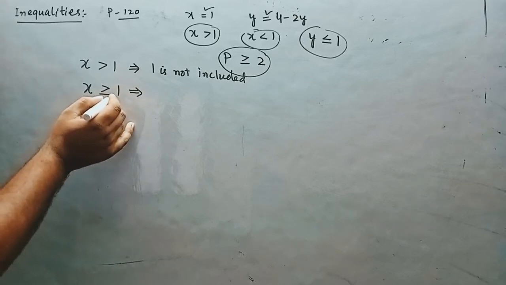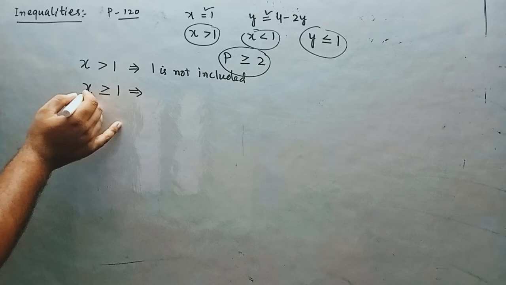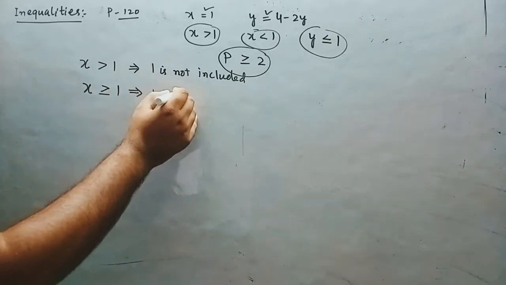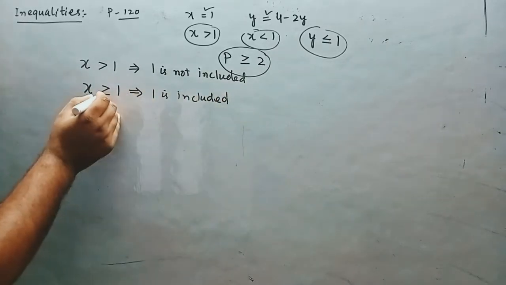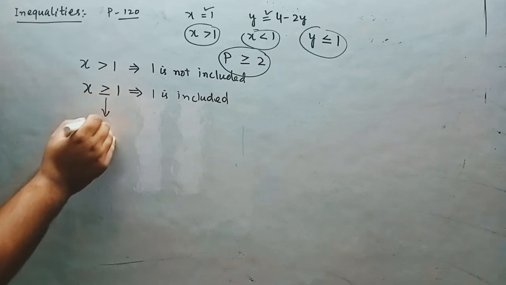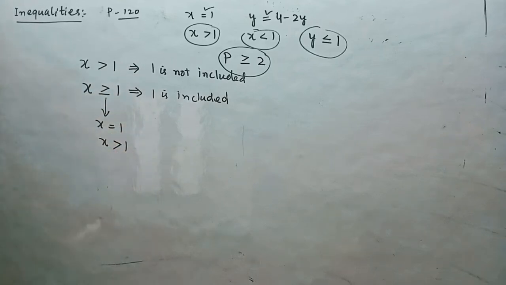This is x equal to or greater than 1. Here 1 is included. That means x is also equal to 1. These are the two meanings: first, x is equal to 1 and second, x is greater than 1.